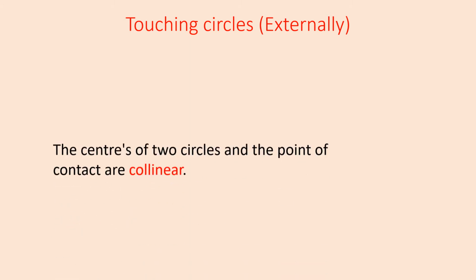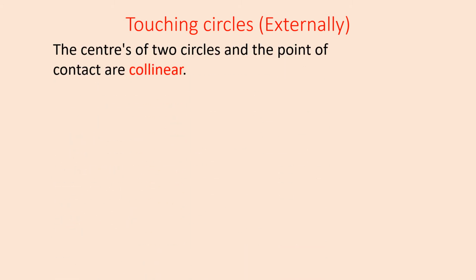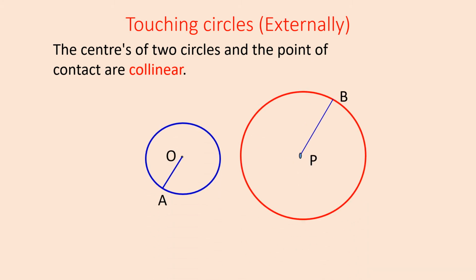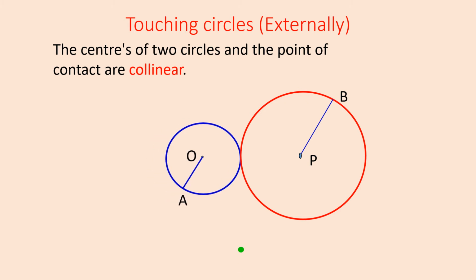Other touching circles we have externally. So we are going to have here two circles which are in the same plane, and we will try to find out that their centers and the point of contact are collinear. What happens here? See the two circles, they are touching here at point T. So point O, point T and point P are again collinear.